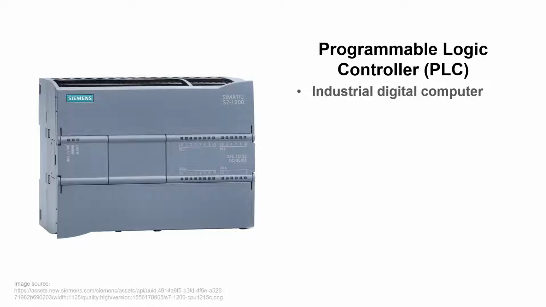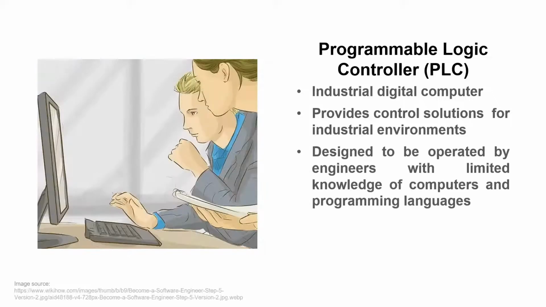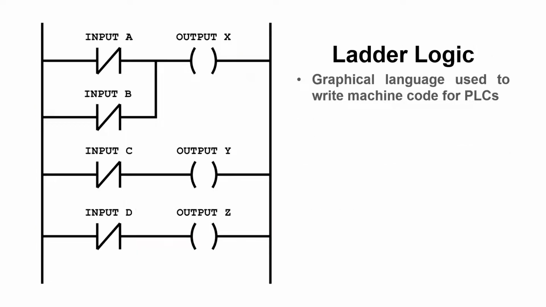Programmable logic controllers, or PLCs, are computers with enhanced hardware that can withstand industrial environments. They are used to control manufacturing processes such as small-scale assembly lines. Designed to be operated by engineers with limited knowledge of programming languages, PLCs can be used to automate many common industrial scenarios. To program a PLC, most users use ladder logic, a graphical language inspired by circuit diagrams from relay logic.